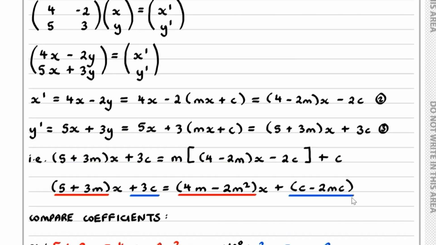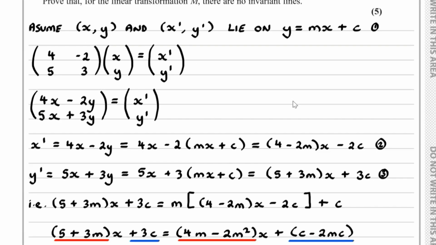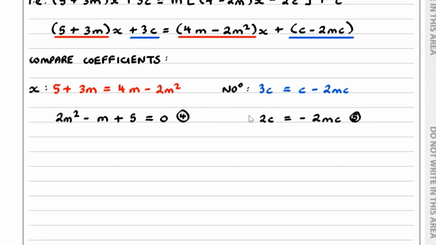Now if we pay attention to what the question is asking, we want to show that there are no invariant lines. And if there are no invariant lines, let's see what values of m we have over here. Let's see what we get for the discriminant. So from equation 4, if we use the discriminant, we've got minus 1 all squared, minus 4 lots of 2, lots of 5.